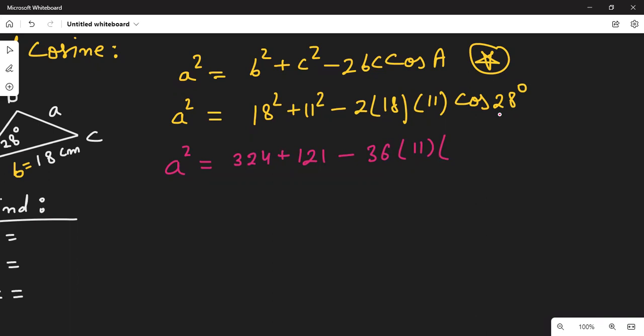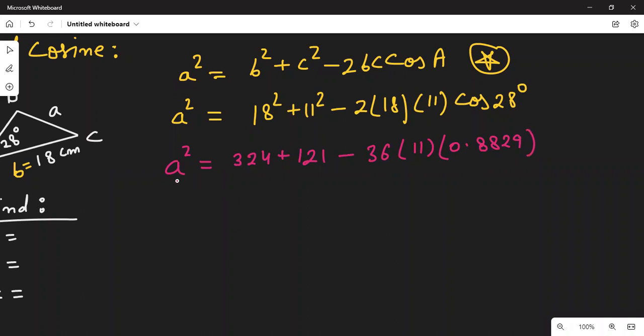That you can see in the calculator, and cos of 28 is 0.8829. This is an approximate value, so the value of A will also be approximate.